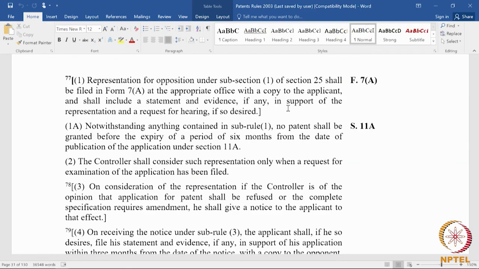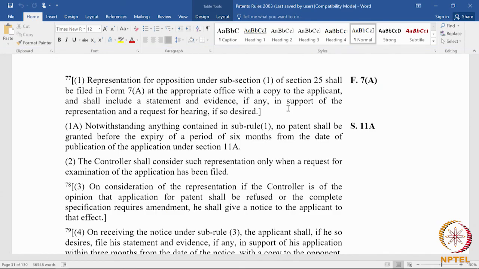So, if somebody asks you what is the safe period for filing a pre-grant opposition, and the multiple choices are 6 months from the publication of the application, any time after the publication of application but before the grant, 6 months before the grant, or any other choice of that nature which is meant to make the decision making difficult, then the answer will be the safe period.